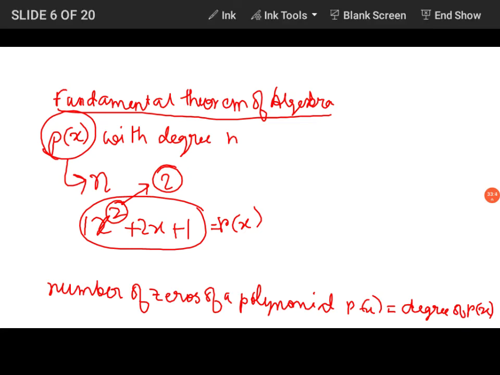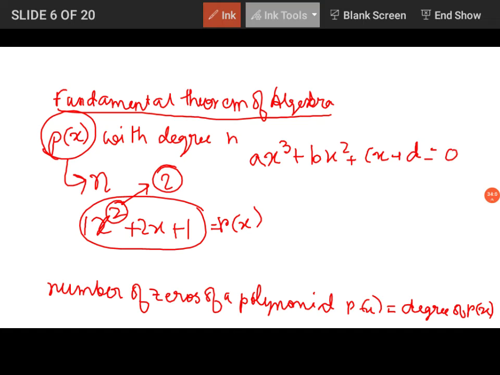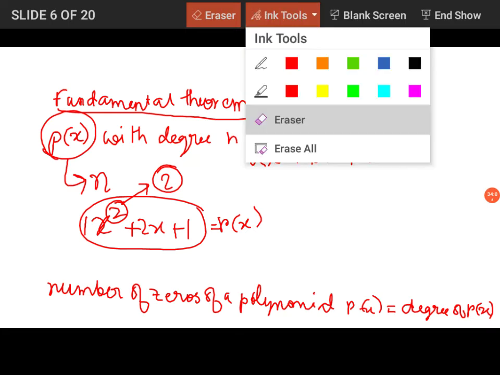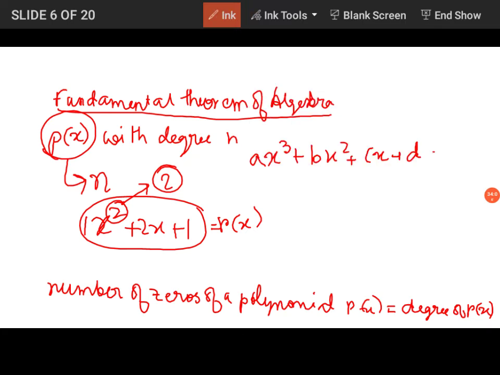For example, if you take a cubic polynomial, that is a polynomial with degree 3, for example, let me take the general form, ax cube plus bx square plus cx plus d is a cubic polynomial. So can you tell me how many zeros this polynomial will have?